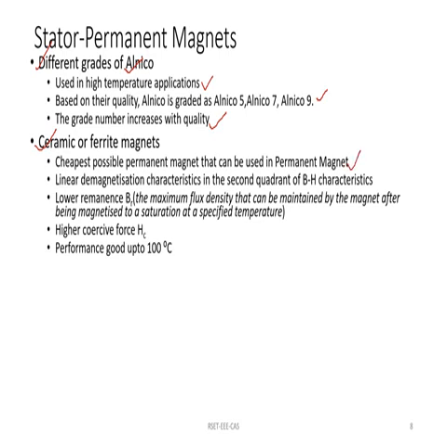Now, this has some property like linear demagnetization characteristics in the second quadrant of BH characteristics, and it has lower remanence, which is nothing but the maximum flux density that can be maintained by the magnet after being magnetized to a saturation at a specified temperature.